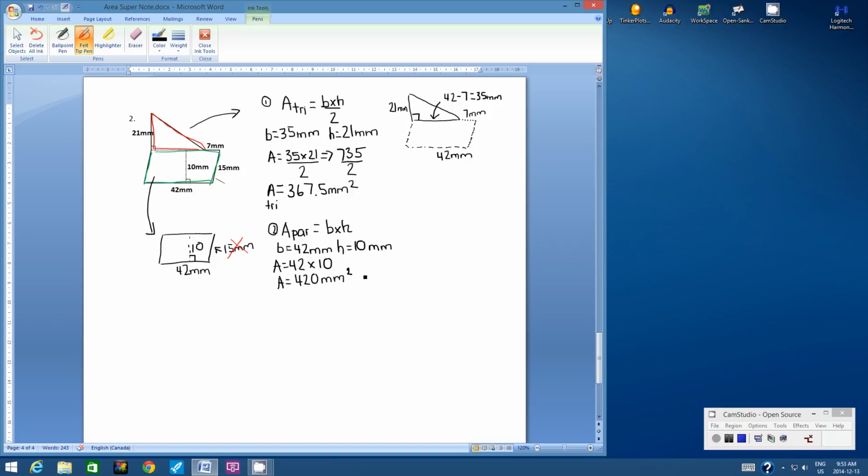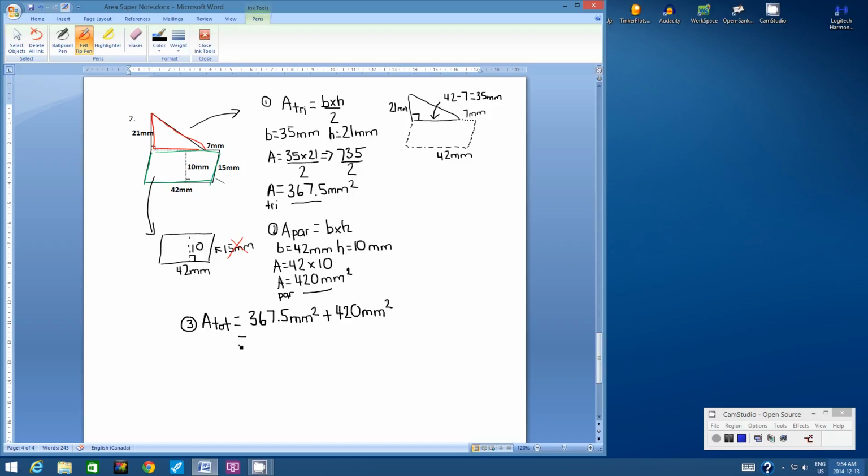Okay, so we have our 2 separate shapes, here and here, but we're not finished, are we? We need step 3. Area total equals, let's take our first shape, the triangle, 367.5 millimeters squared, plus the second shape, which is the parallelogram, 420 millimeters squared.